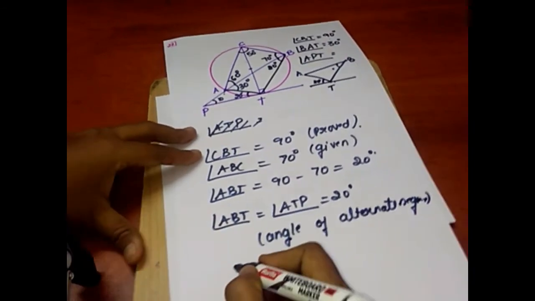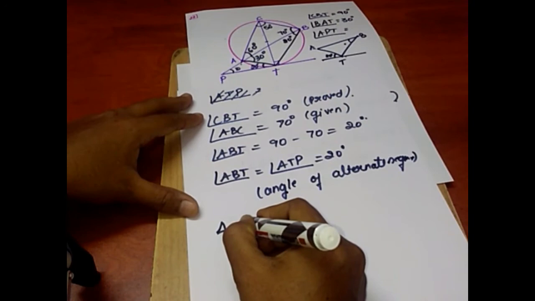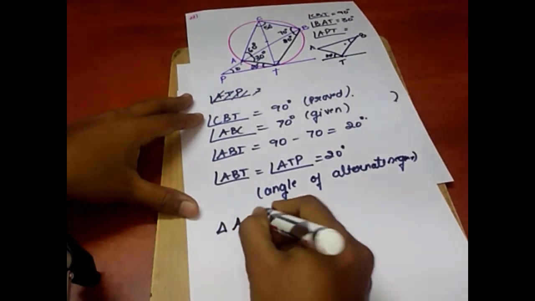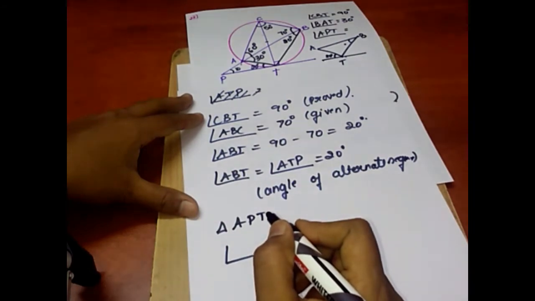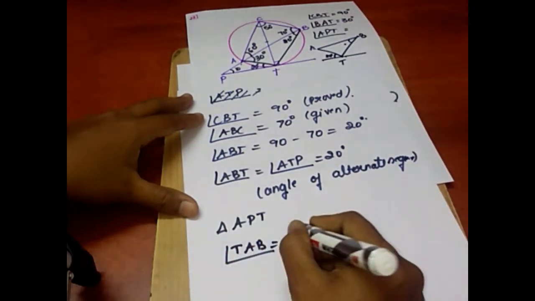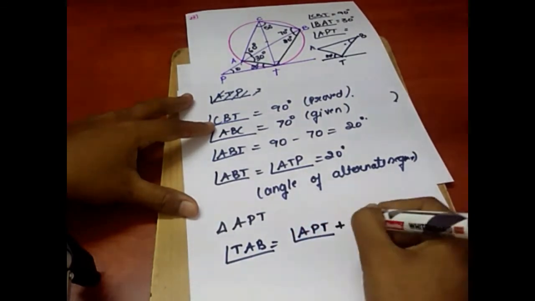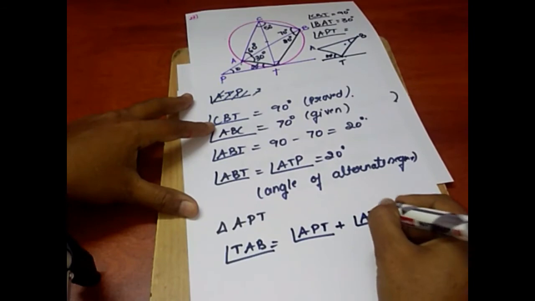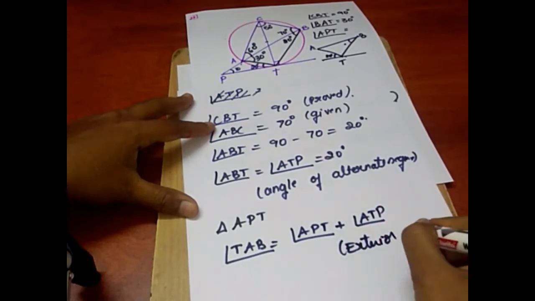Now, consider triangle APT. Angle TAB is equal to angle APT plus angle ATP, exterior angle.